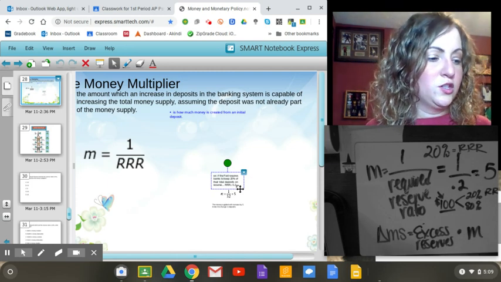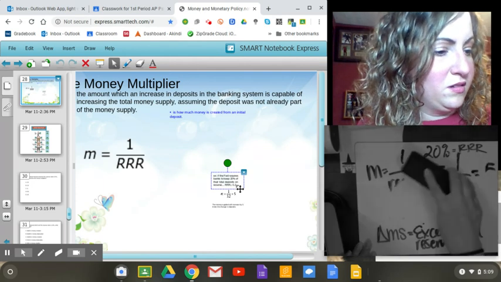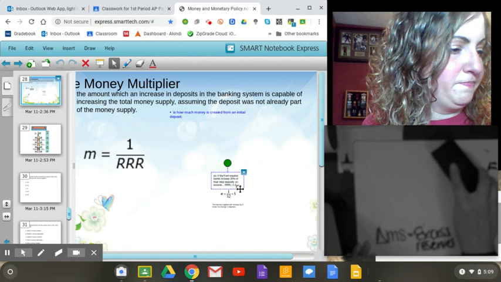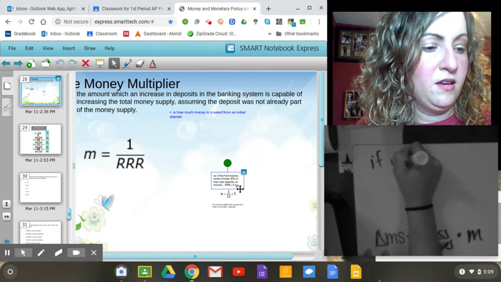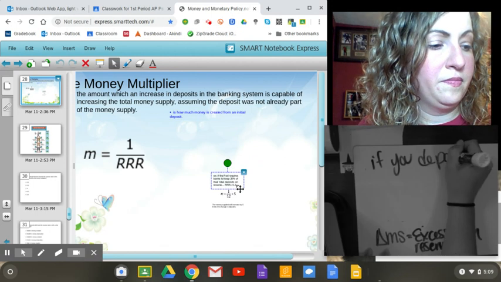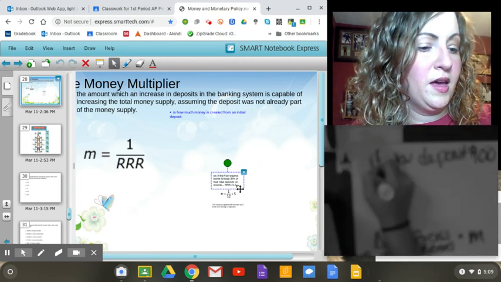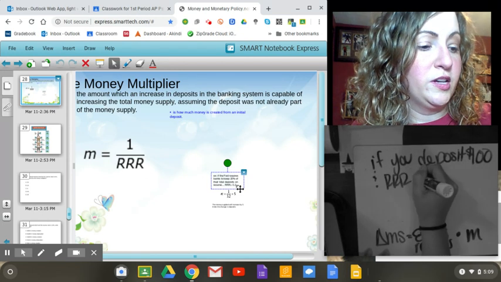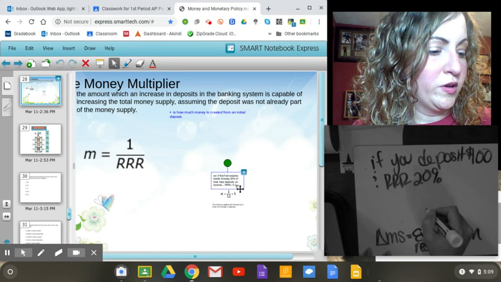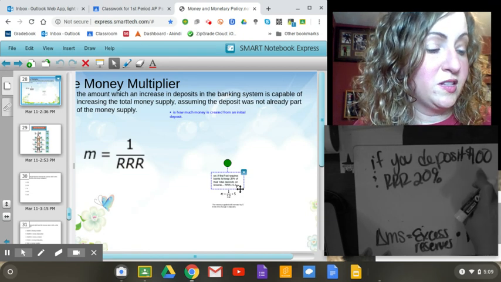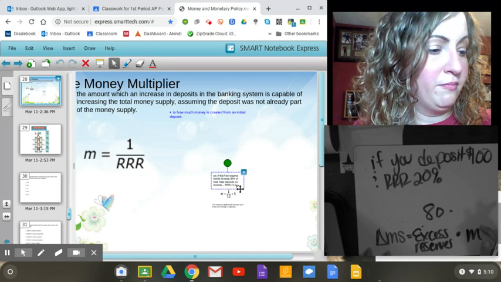In this case, if you deposit $100 in the bank and the required reserve ratio is 20%, you take 20% out of this number, and whatever's left over is excess. So $80 times M. Well, what's M?